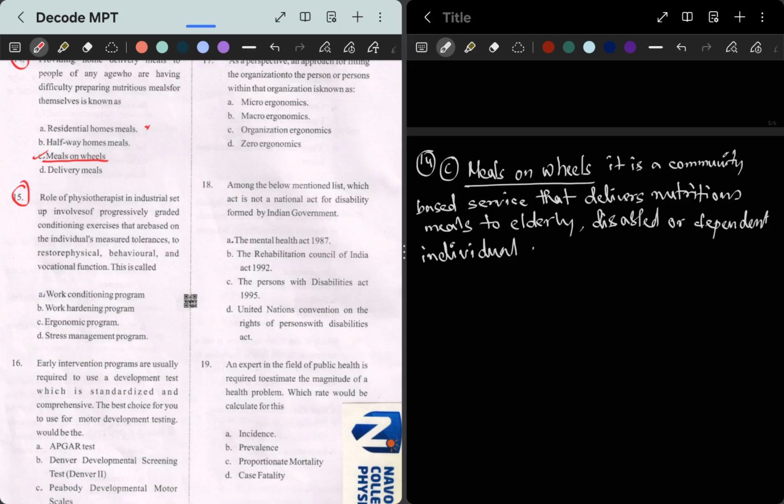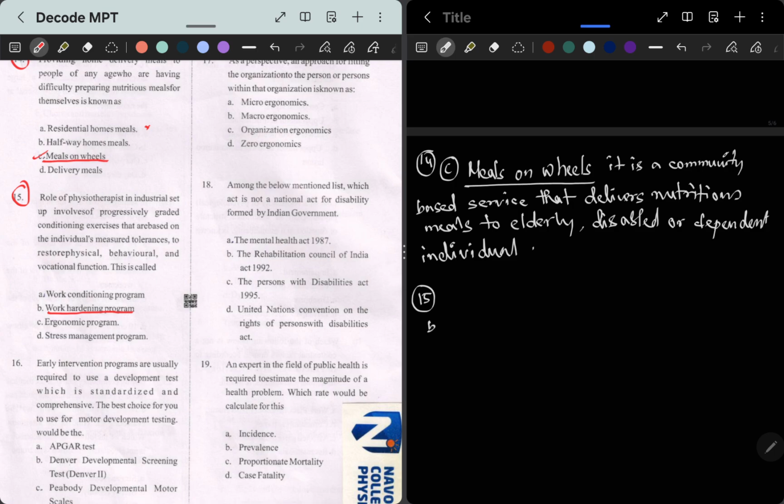That is called as? The answer to question number 15 is B, work hardening program.